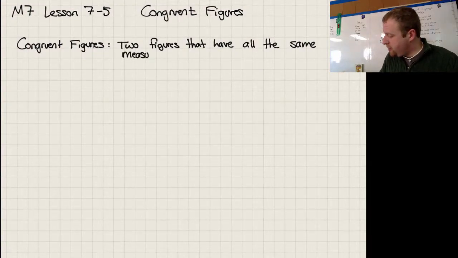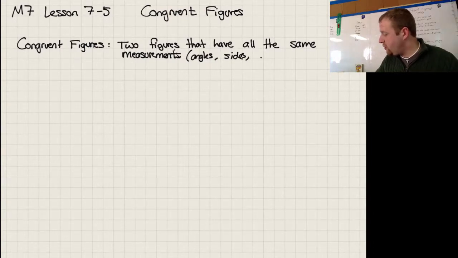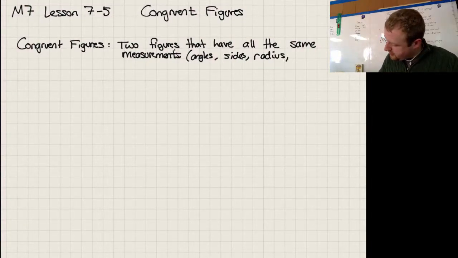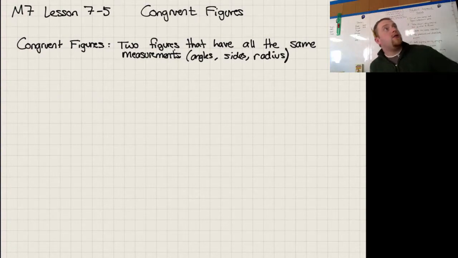And when I say measurements, what I'm referring to are angles, sides. For circles, included in this would be radii or radiuses, etc. Okay? So two figures that have all the same measurements.